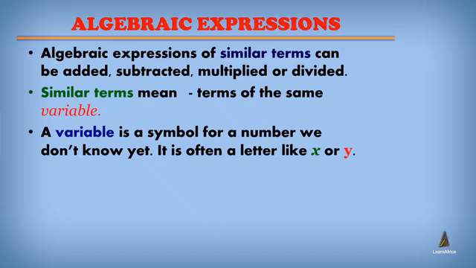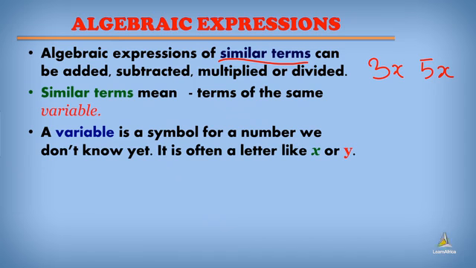Now, by similar terms, we mean 3x, for example, and 5x are similar terms because they have x common between both of them. So we could actually add 3x and 5x. We can also subtract, multiply, and divide these terms because they are similar terms.